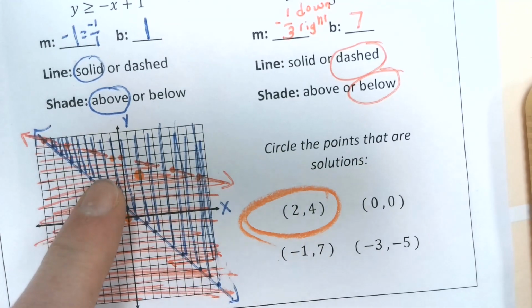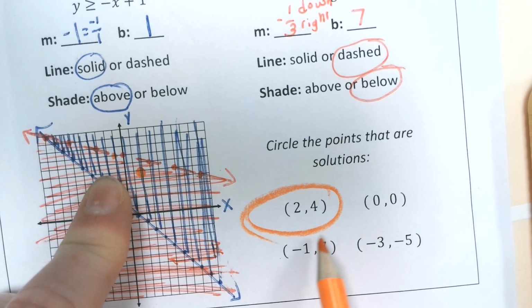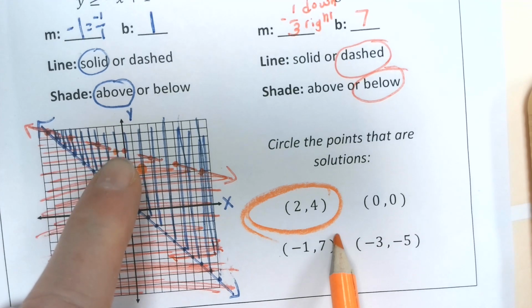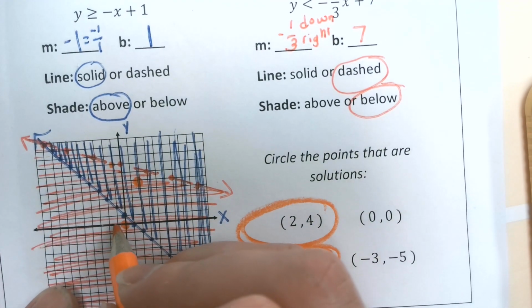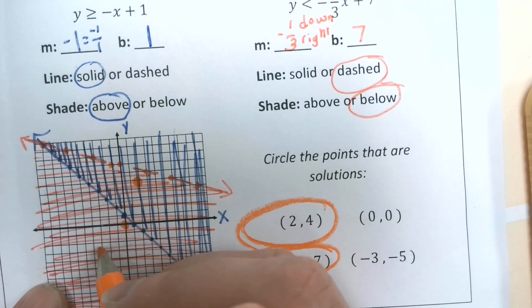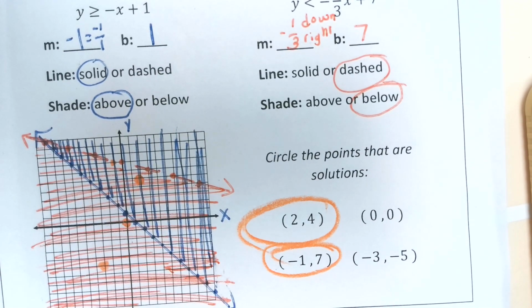What do y'all think? I think it's in the area. Negative 1, 7. Because it's right equal to that one, and we know it's above, so that's good. What about negative 3 and negative 5? 1, 2, 3, 1, 2, 3, 4, 5. So no. All right, you're going to glue this in, and you're going to work on that worksheet.